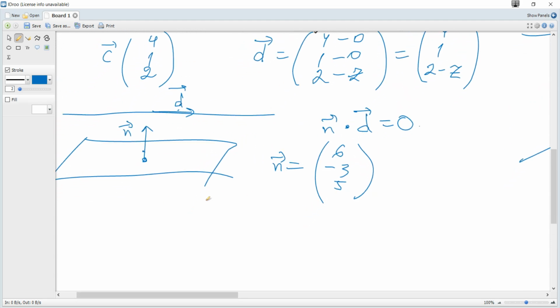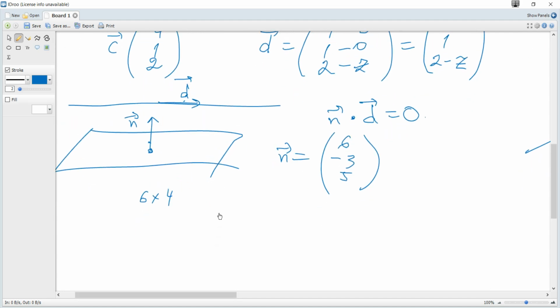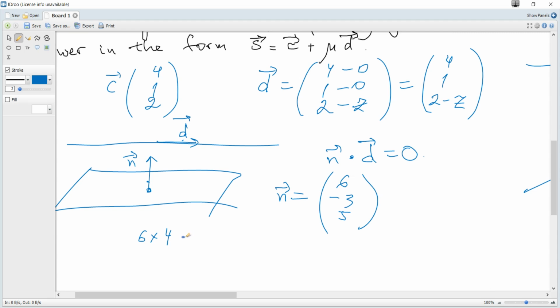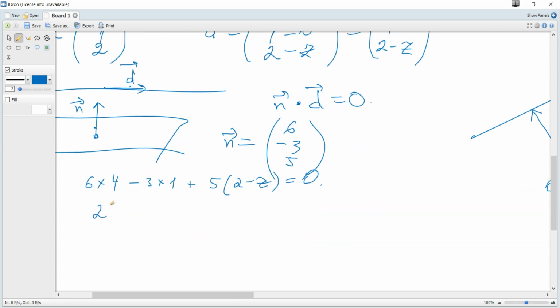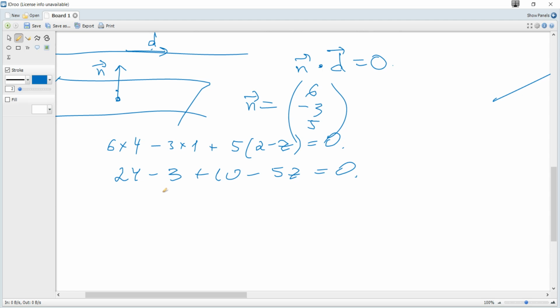So the dot product becomes 6 times 4 plus negative 3 times 1 plus 5 multiplied by 2 minus z, and it's 0. So it becomes 24 minus 3 plus 10 minus 5z is 0. So it's 31 over 5 is z.